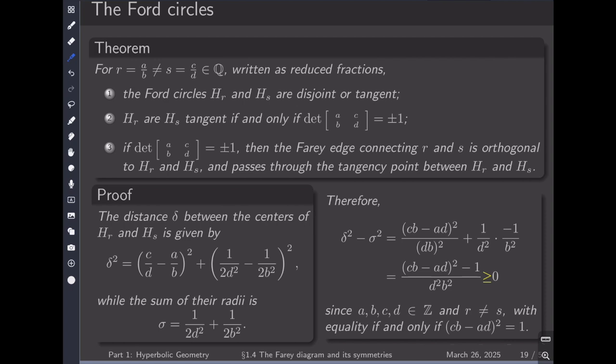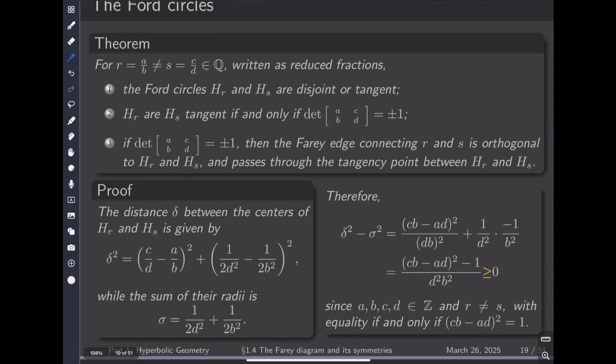Okay, the proof. Maybe I'm not going to read you the proof. It's basic algebraic manipulations.